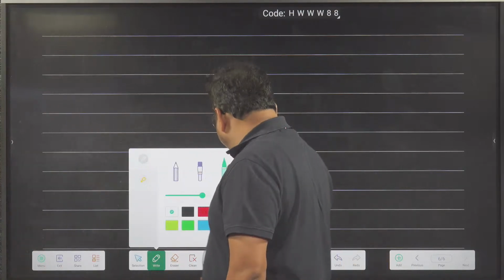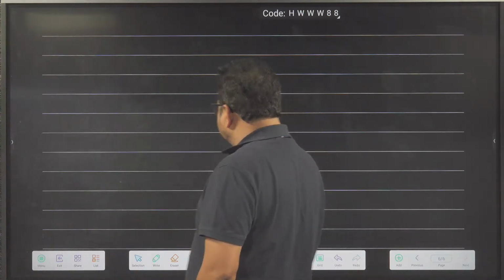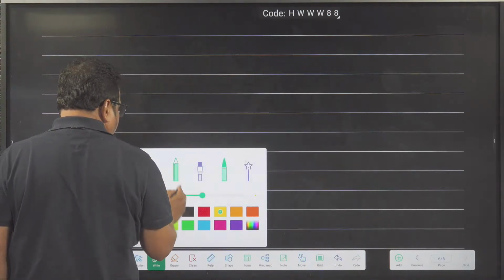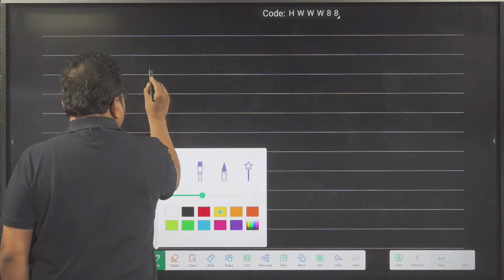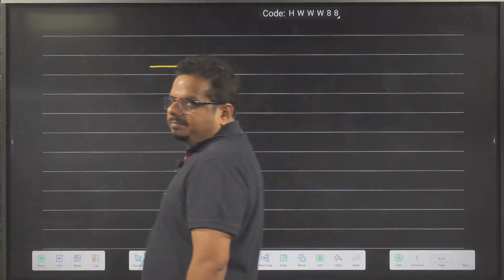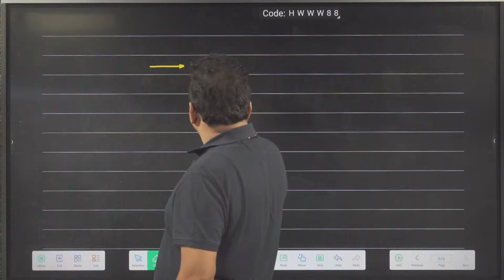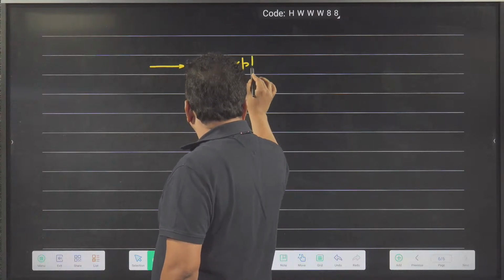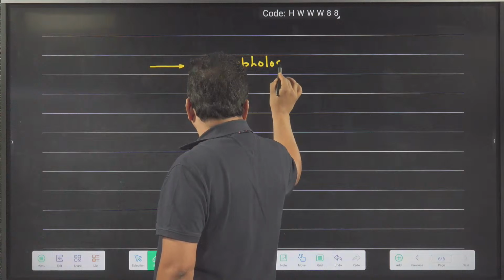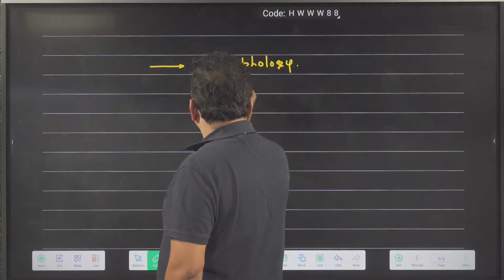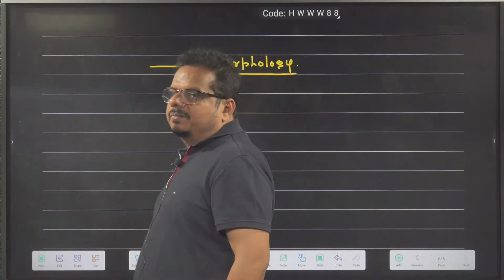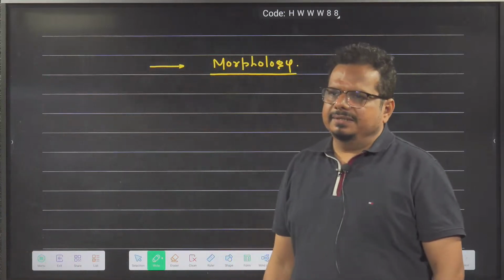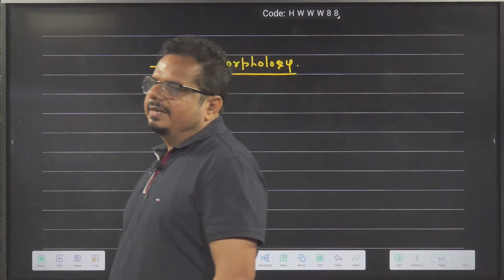But before moving ahead, I just want to convey something so you do not find any confusion. The very first thing we are going to deal from next week onward is morphology. Now, in the new NCERT, many topics are deleted from morphology.